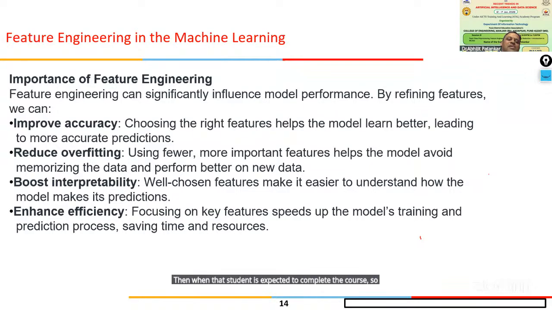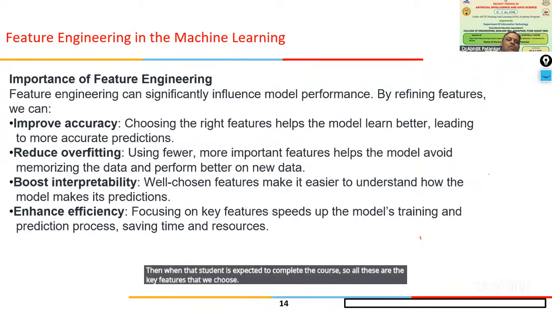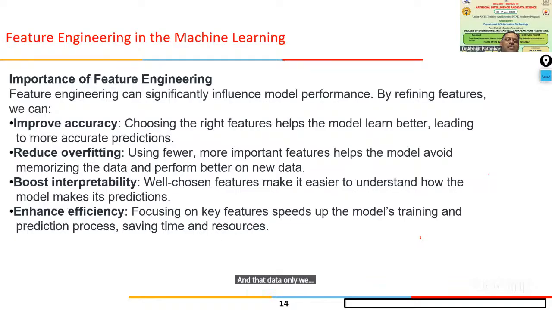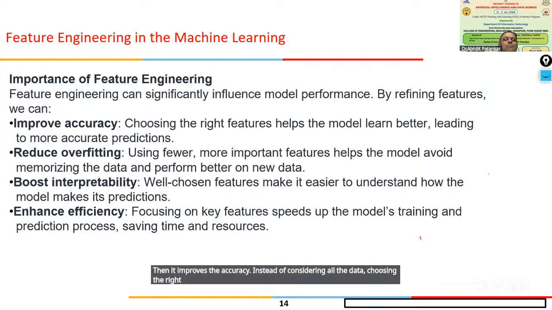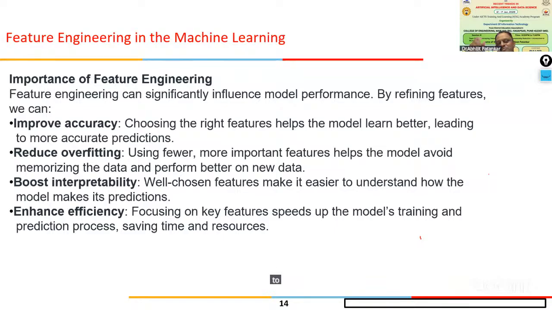So all these are the key features that we choose, and that data only we consider for processing. Then it improves the accuracy. Instead of considering all the data, choosing the right features helps the model to learn better. What is our main aim that we have to consider, and accordingly we need to choose the features. So that feature selection we are doing in feature engineering.